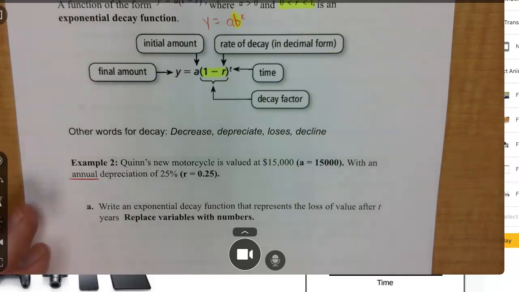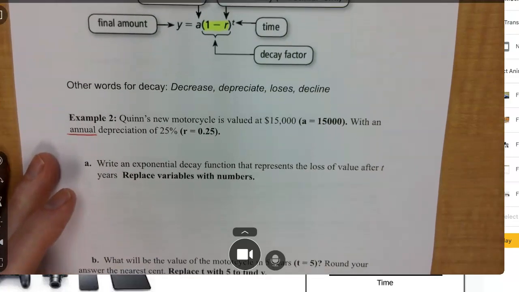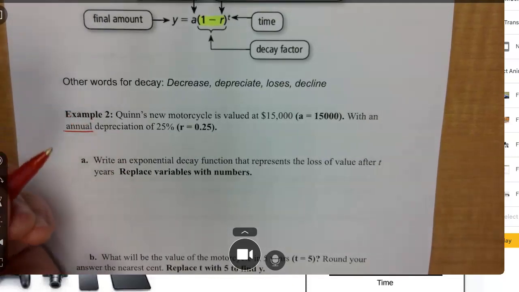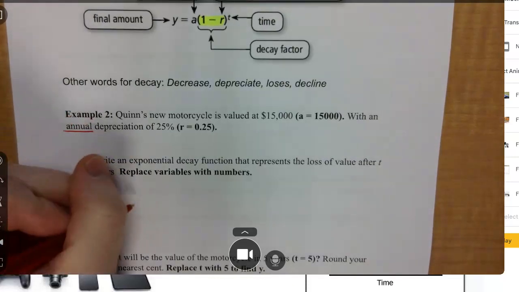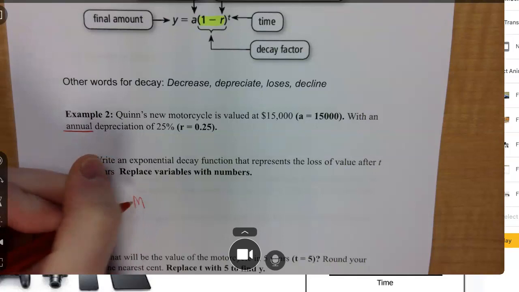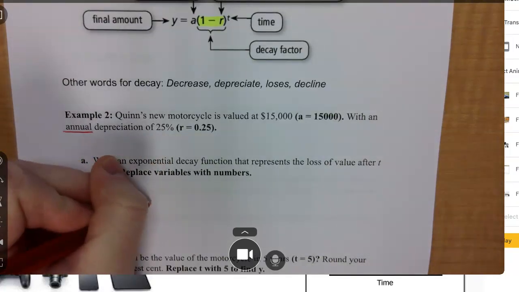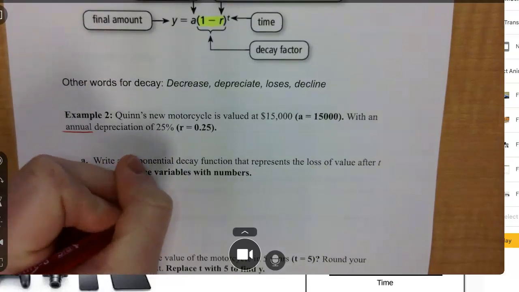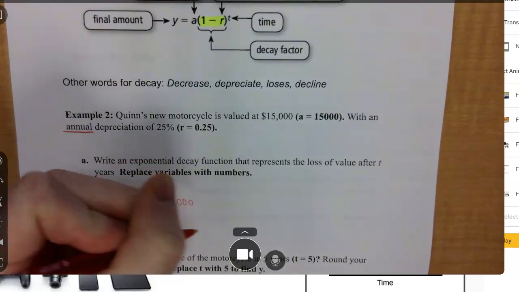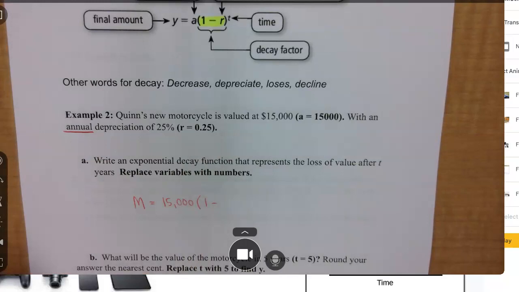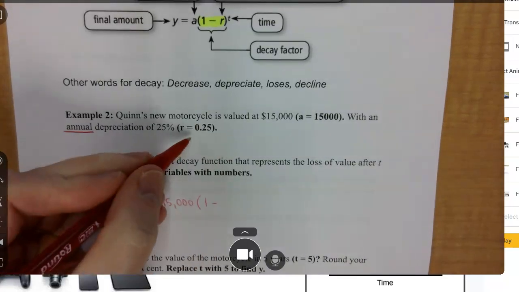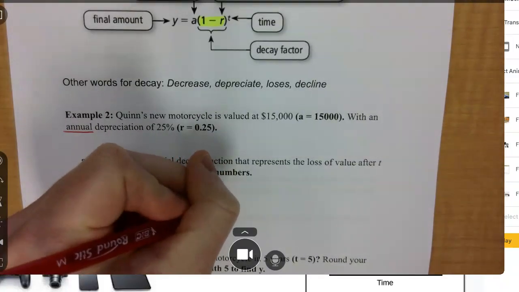So now, if I'm going to write a function, I have the value of the motorcycle, so I'll put M for motorcycle. It doesn't really matter if you put Y here. And we know that $15,000 was spent. And now it's 1 minus the R, 1 minus 0.25.